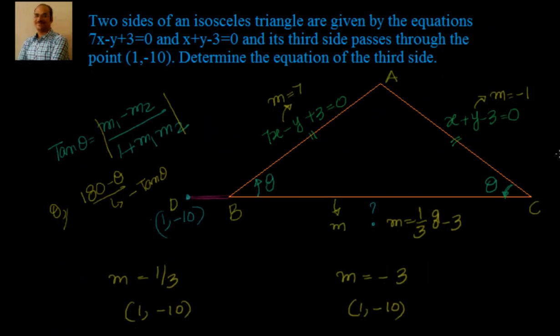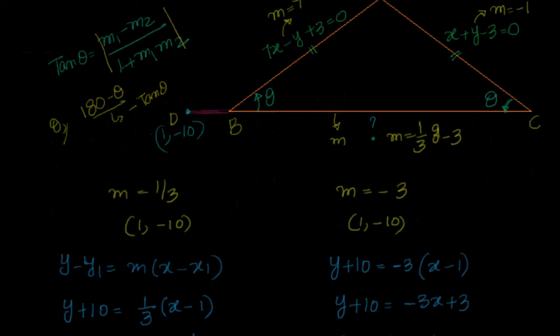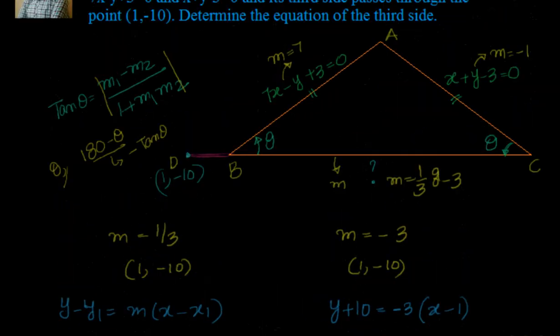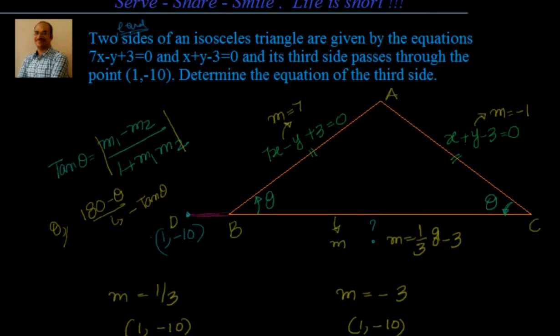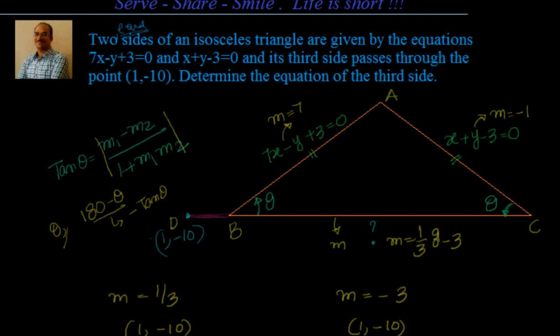So let me just summarize. This is a problem in which we have been given two sides of an isosceles triangle and we have been told, it's implicit, that they are the two equal sides. We know two sides, we have to find the third side. Now the base angles are the same, so find the angle by taking slope as m here, and equate both of them by using the formula tan theta equal to (m1 minus m2) by (1 plus m1 m2).